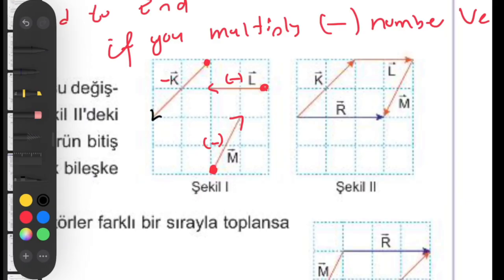That's it. So if you have this vector and multiply with negative, then you have exactly the same vector but opposite direction. This is minus K.